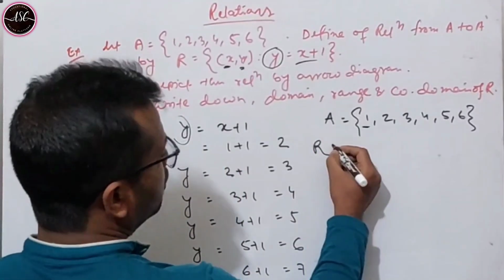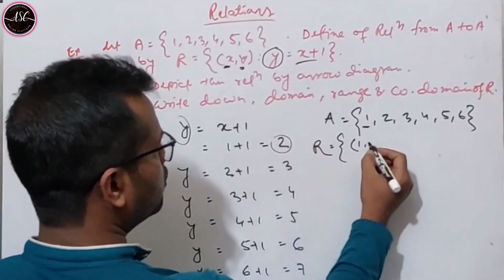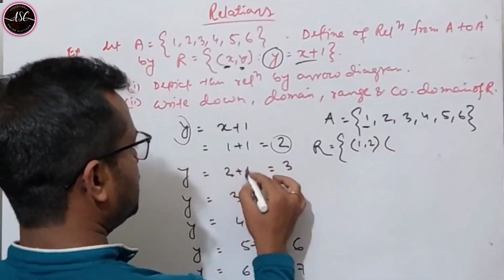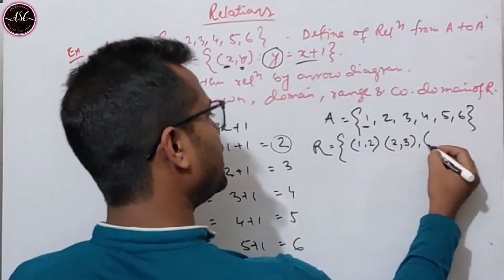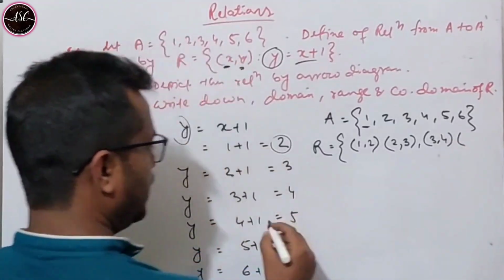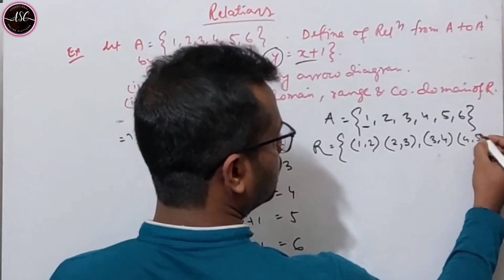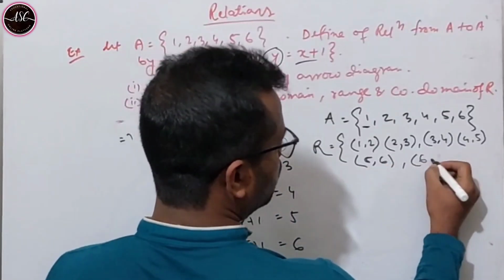So the relation will be (x, y), meaning for x equal to 1 we get 2, then for x equal to 2 we get 3, for x equal to 3 we get 4, x equal to 4 we get 5, x equal to 5 we get 6, x equal to 6 we get 7.